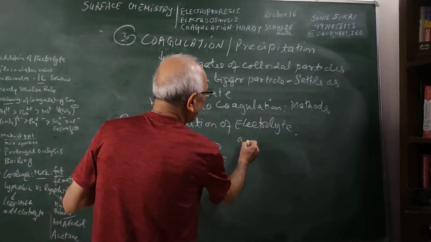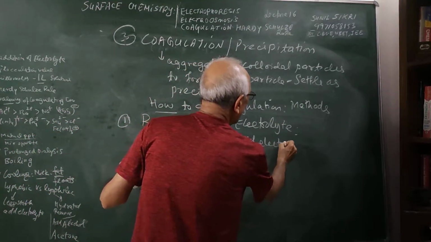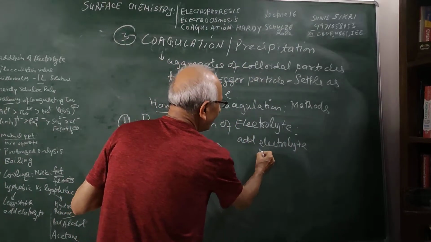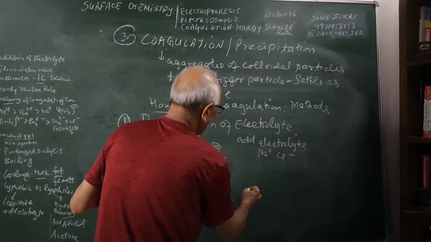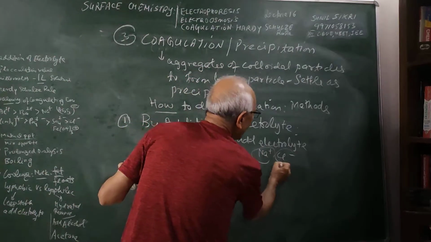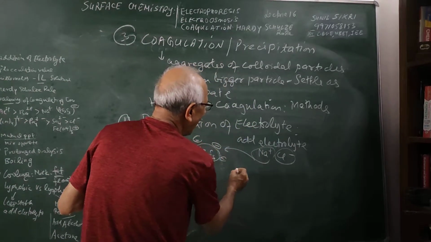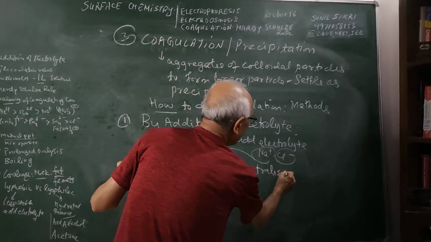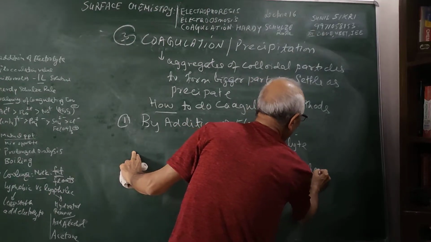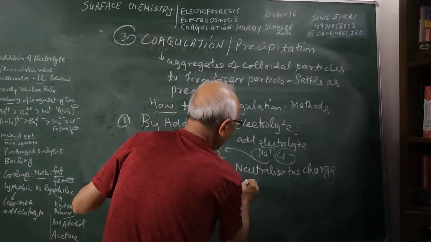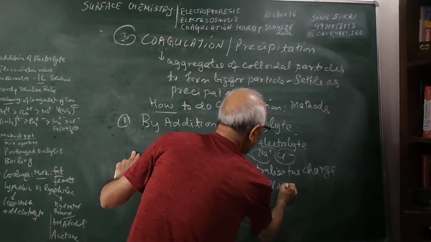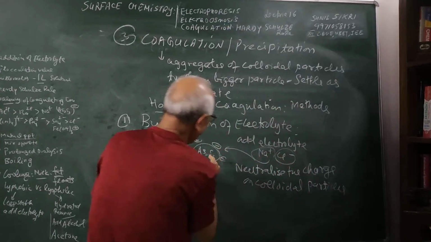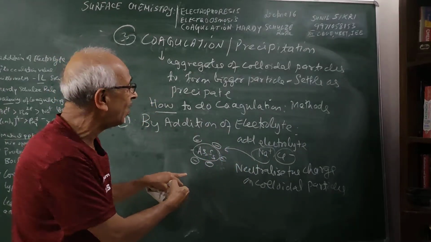So if I add electrolyte, what will happen, students? For example, NaCl has a positive and a negative ion. So what will happen? These positive ions will neutralize the charge on the colloidal particles. If it is negative, positive ions from the electrolyte will neutralize.